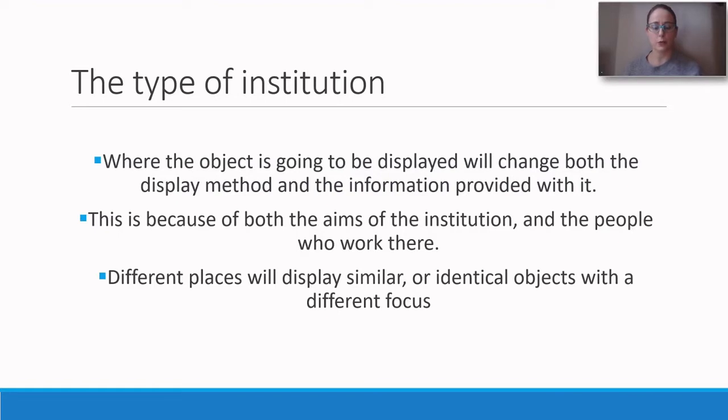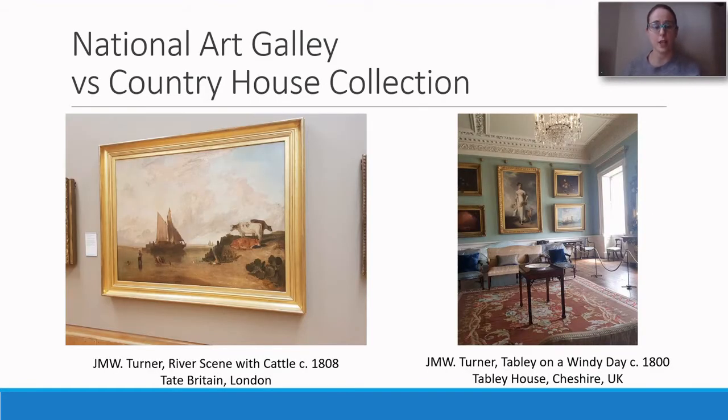We've got a few examples here. The first one is two paintings by J.M.W. Turner. The one on the left is a National Gallery displaying a piece of work by Turner. The National Gallery would have collected this because it's considered of national importance, worth having and maintaining for the nation on their behalf.